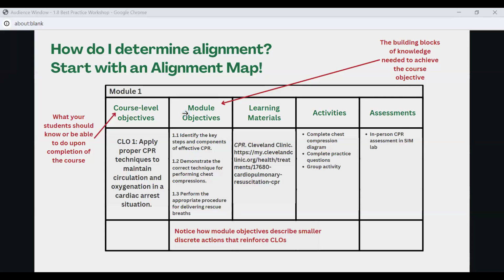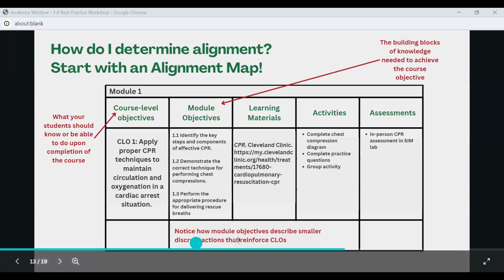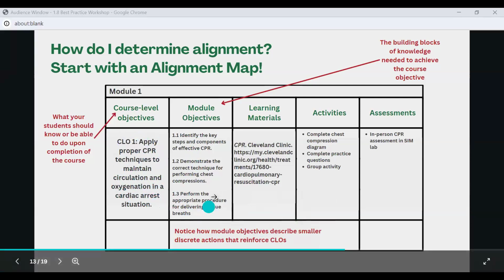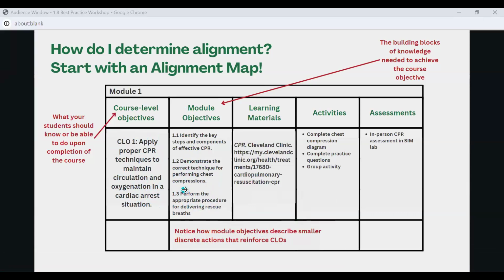But more importantly, notice how these module objectives describe smaller and discrete actions that reinforce the course learning objectives. So in order to be able to apply proper CPR techniques, you need to know how to demonstrate the correct technique for performing chest compressions, right? These are building blocks or steps toward achieving the ultimate course learning objective.